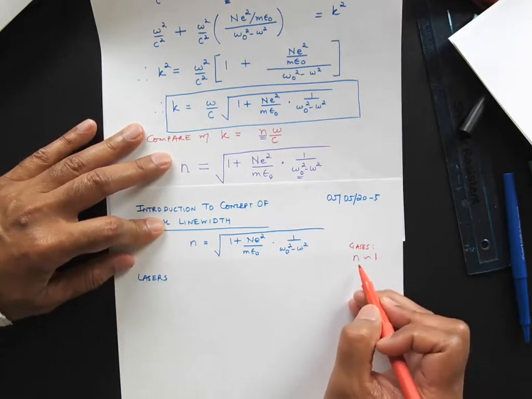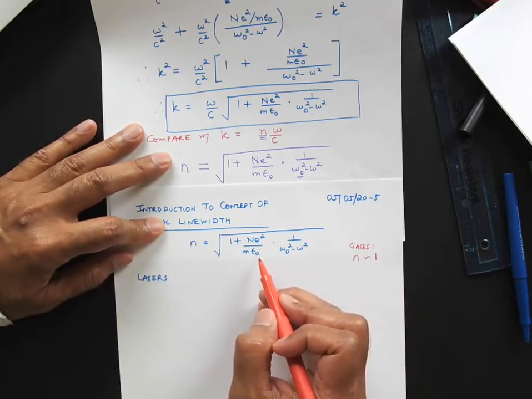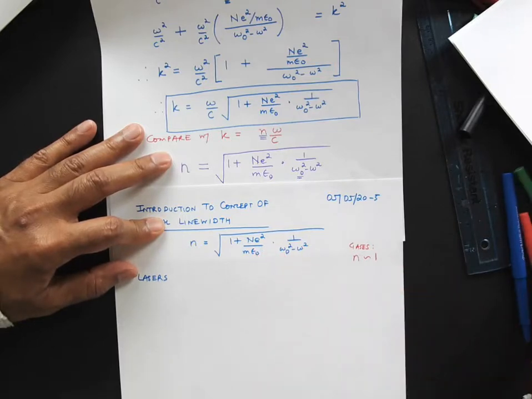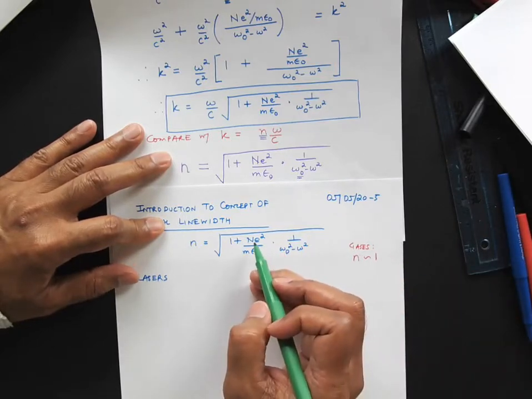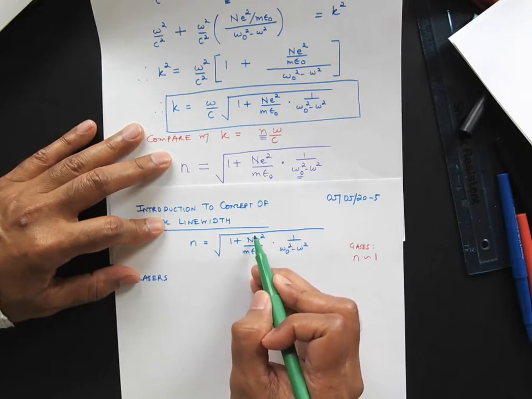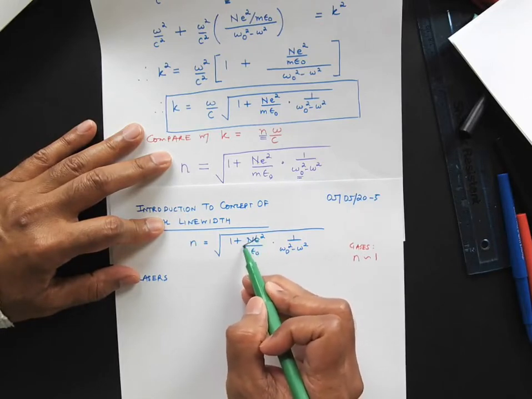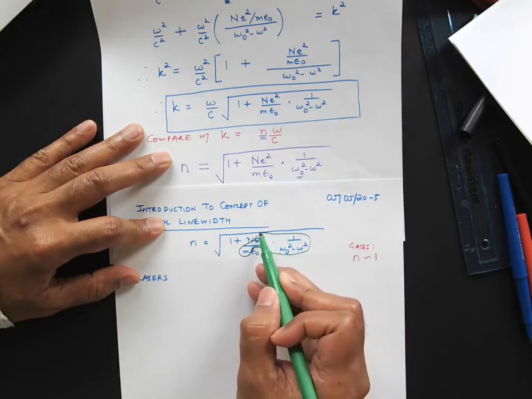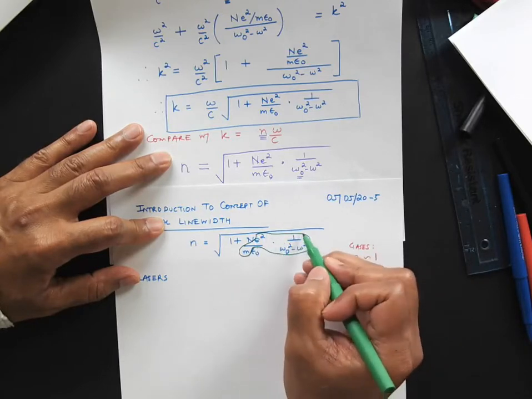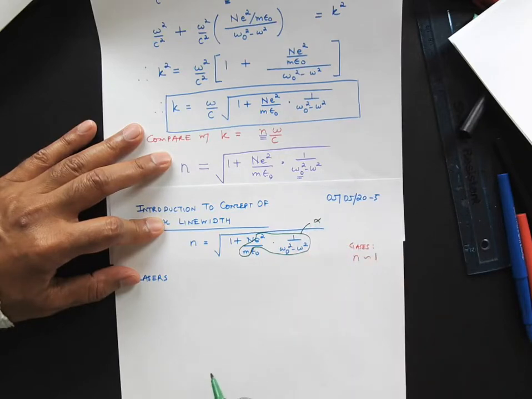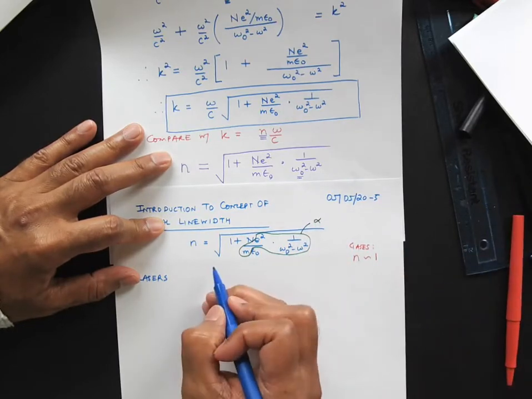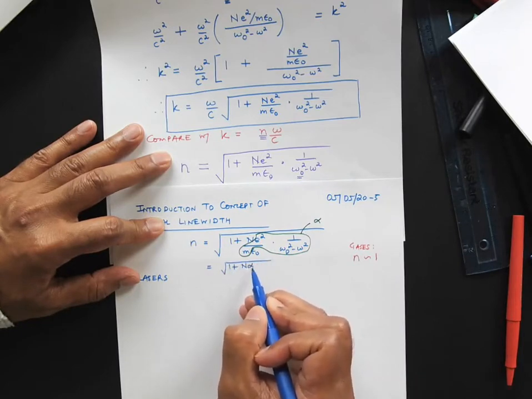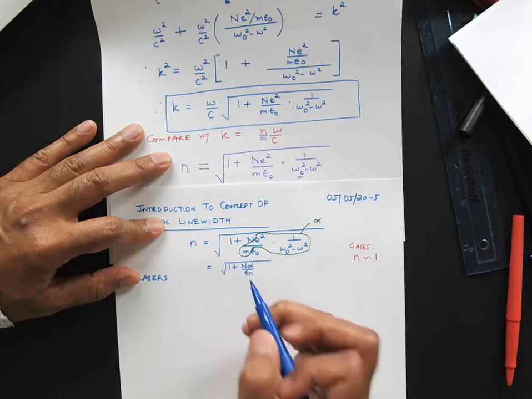And what that means is that, just to make this more compact, the e squared over m, we have shown in the past, is just alpha. So this is written as the square root of 1 plus n alpha over epsilon naught.